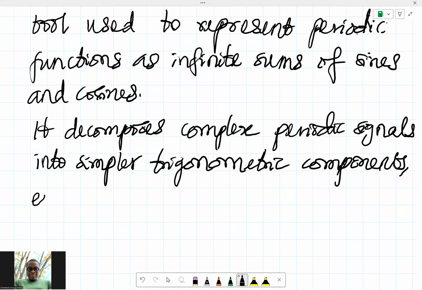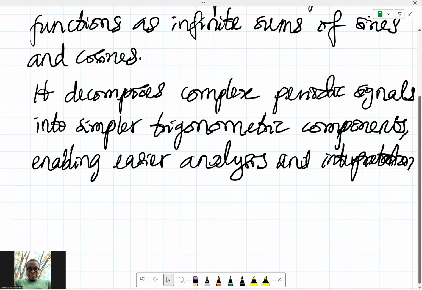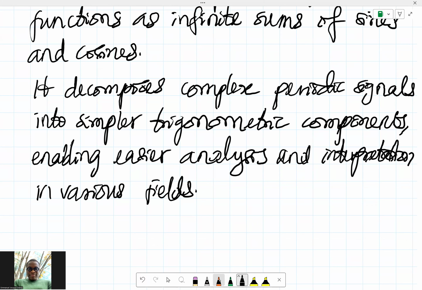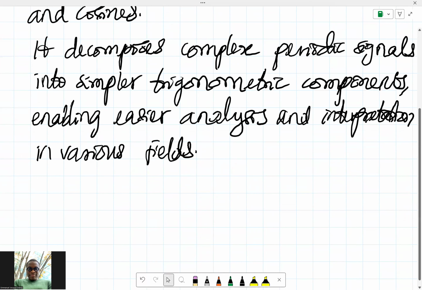So by doing that, enabling easier analysis and interpretation in various fields. I mean, we can already see here that the key idea is the fact that Fourier series is a tool used to represent periodic functions. So now the focus is on periodic functions.